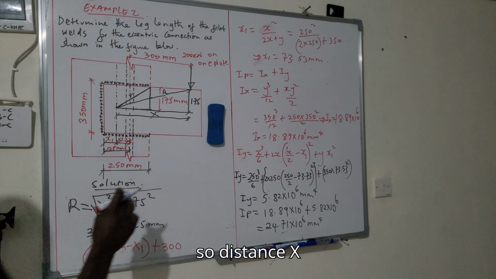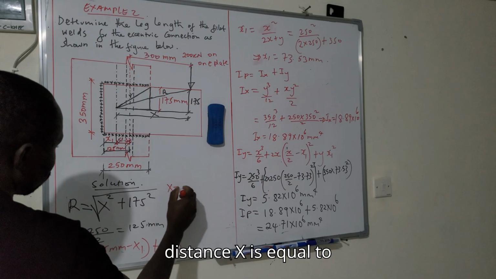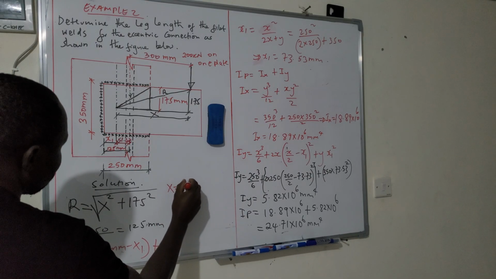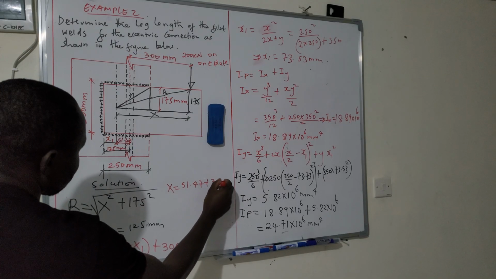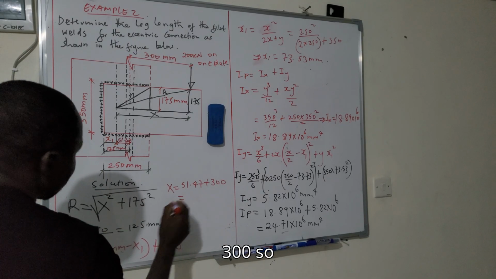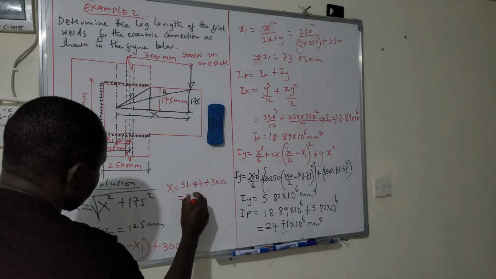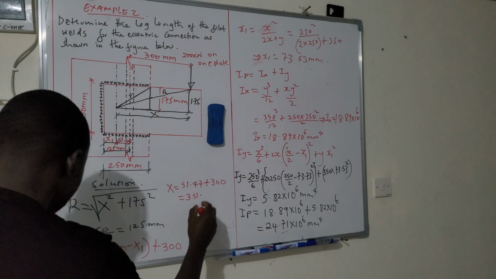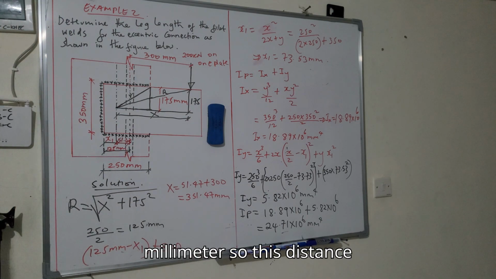So distance x is equal to 51.47 plus 300. So the answer will be 351.47 millimeter.